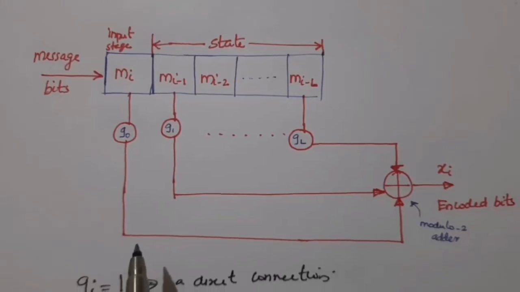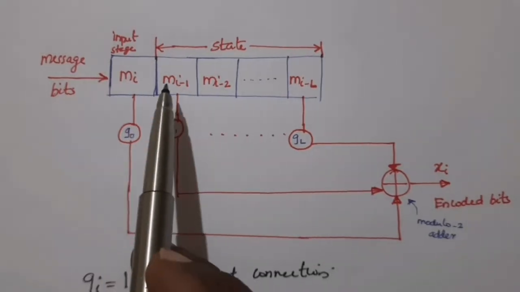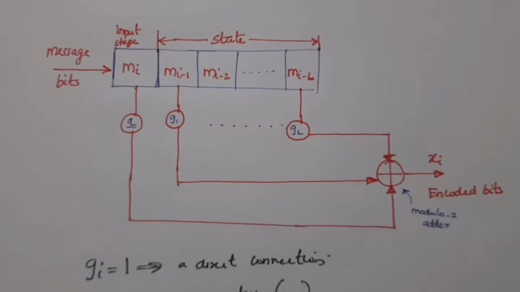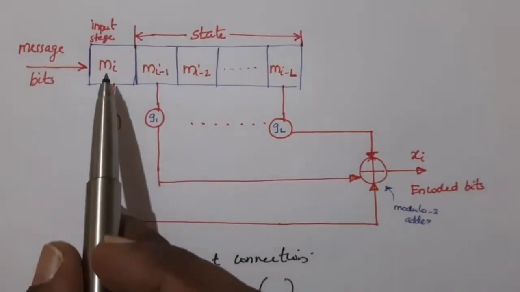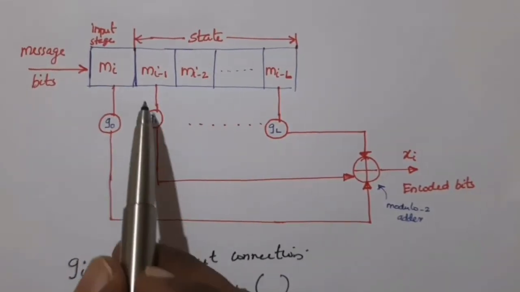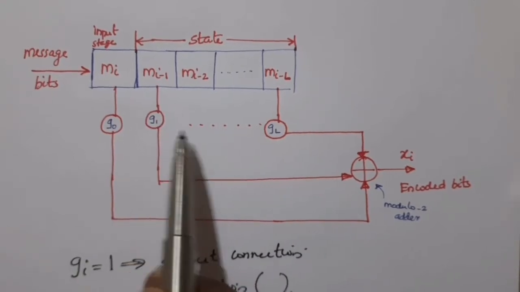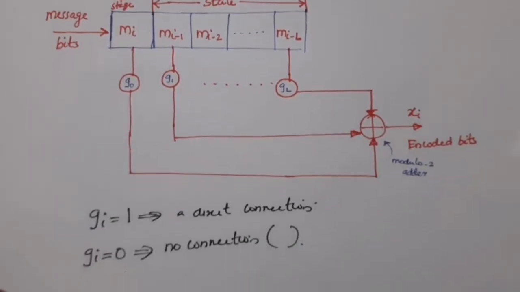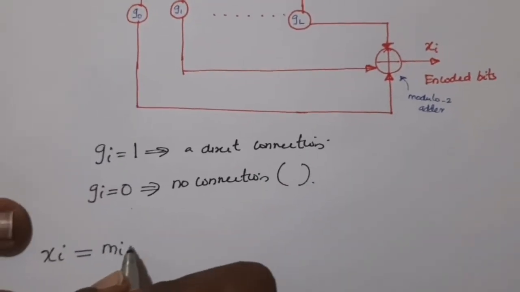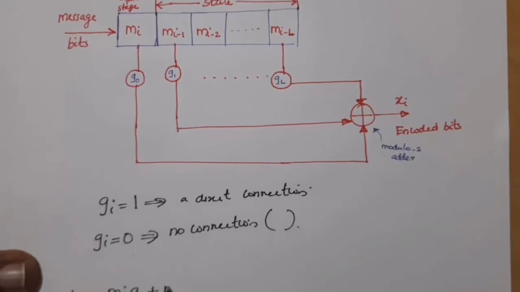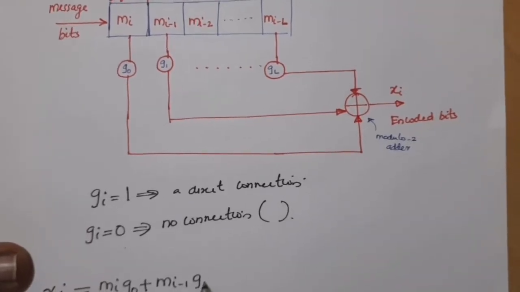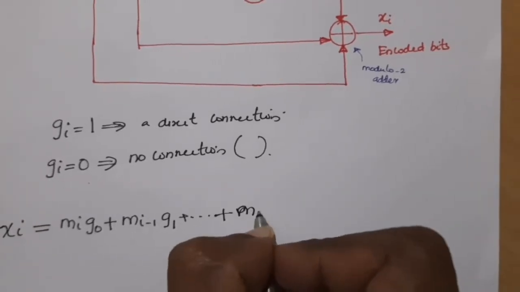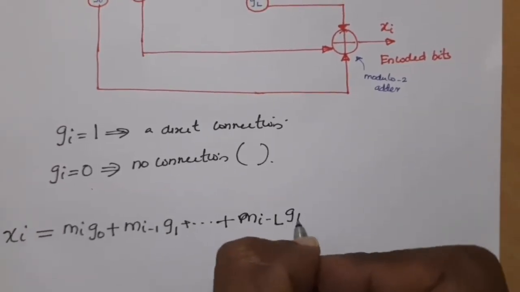With the contents of the shift register as marked in the figure, the output from the convolutional encoder is given by xi equal to mi into G0 plus mi minus 1 into G1 plus etc. plus mi minus L into GL.